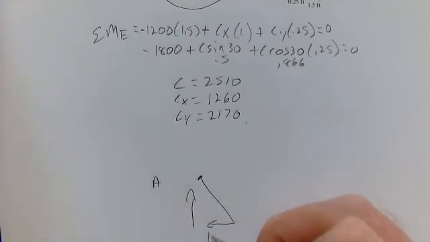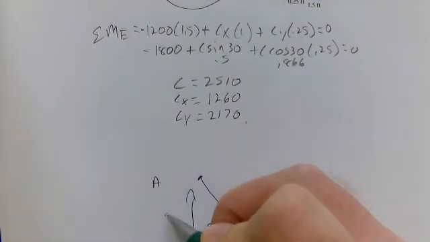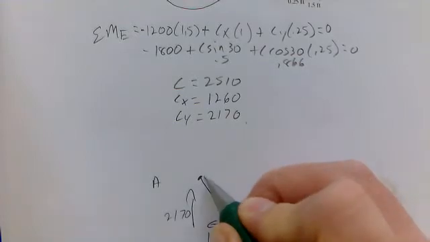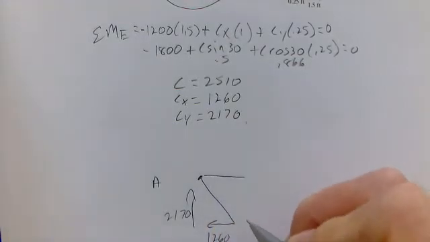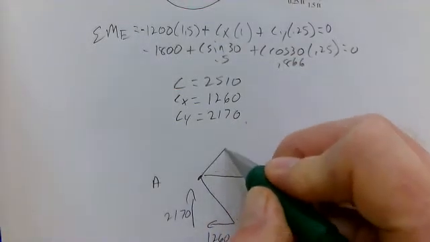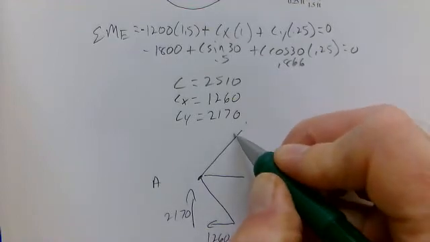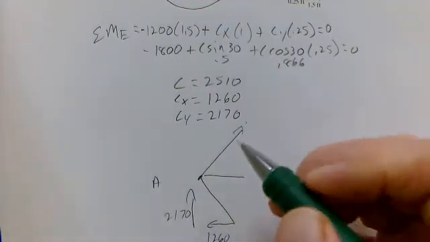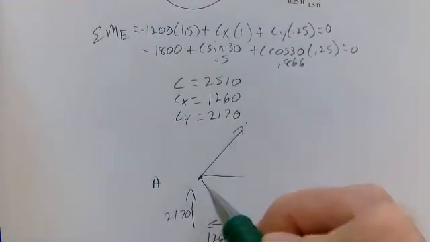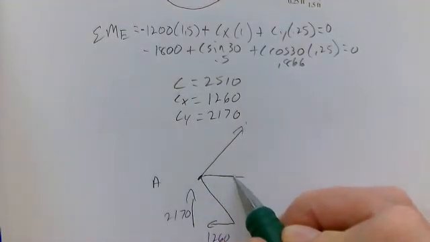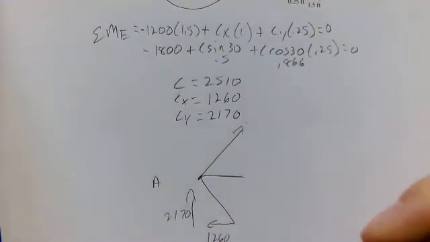So it's going to be 1260 and 2170. It's got AD going to the right there, and it's got the hydraulic AB going that way. Now the hydraulic will be axial, and this one will be axial, so we can solve this when we have two unknowns. This is just like we did in trusses.